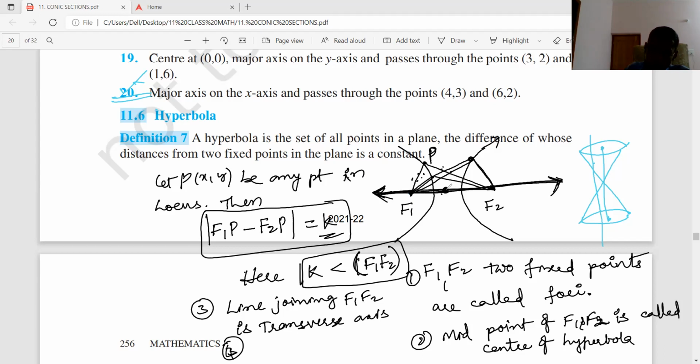Now this other line is called the conjugate axis. What is this? The line perpendicular to the transverse axis through the center. We have the center, but in standard form we take only the origin, so you can say origin, or more accurately, the center of the hyperbola. Therefore, this we call the conjugate axis.